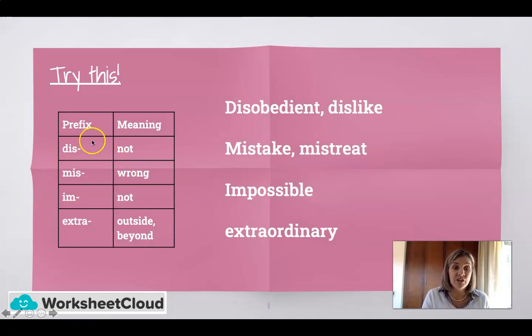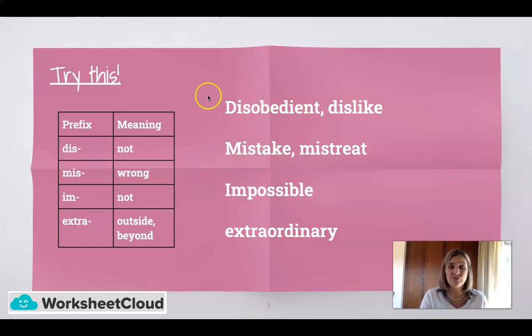Let's take a look at these prefixes. So on the left, you've got dis, miss, im, and extra. So dis means not, miss means wrong, im means not, and extra means outside or beyond. So if we look at the first one, disobedient just means not obedient. If you dislike something, you don't like it. It's not likable, something you don't like.